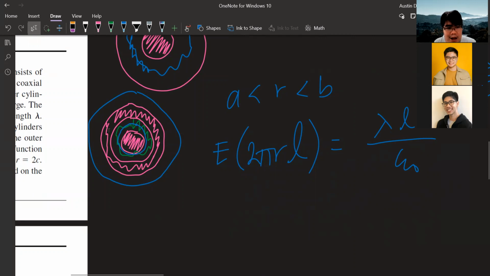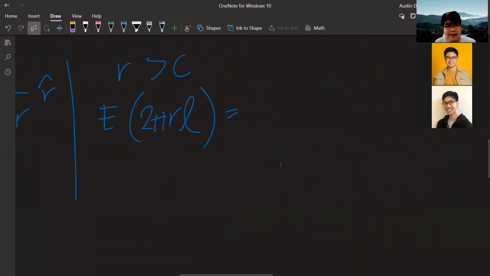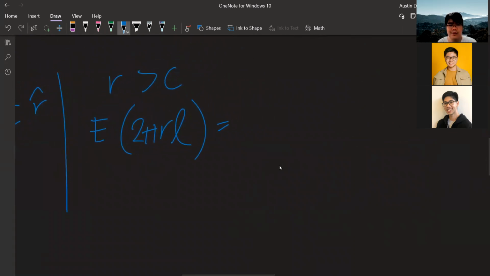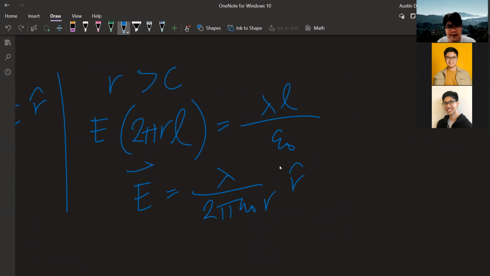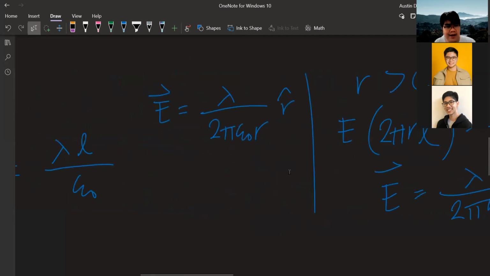Kasi yung outer cylinder, wala siyang ambag. Okay? So, lambda L pa rin over epsilon naught. Then E must be lambda over 2 pi epsilon naught r, in the r hat direction. Okay. Same lang yung sagot for A and B.